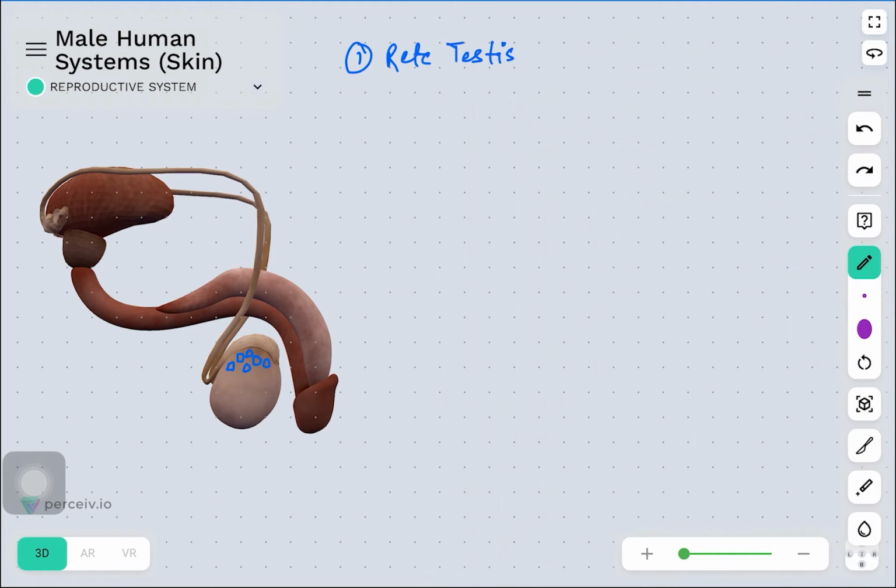We will be discussing the seminiferous tubules in a separate 3D model. All right, so here they have the connections like this one. And there are spermatogonial cells present inside seminiferous tubules, which will produce sperms like this. So this represents the rete testis.